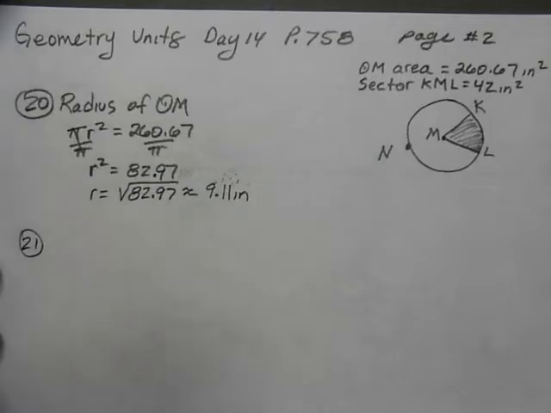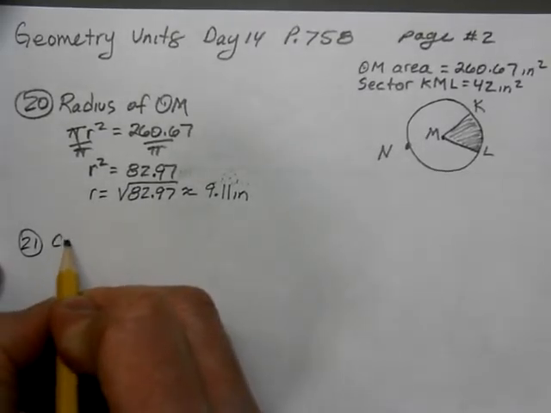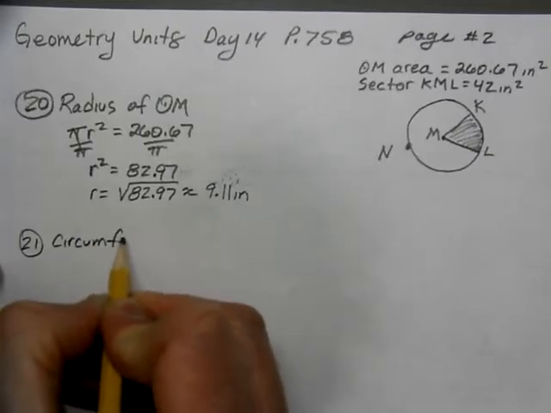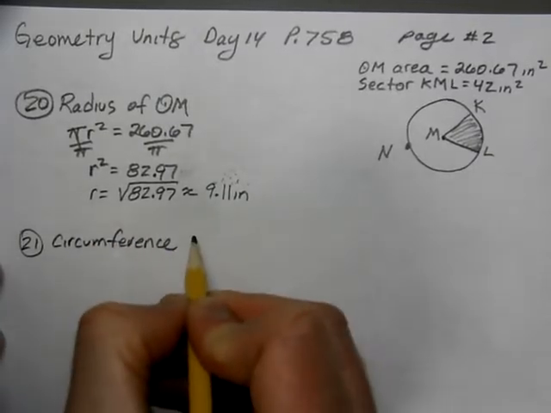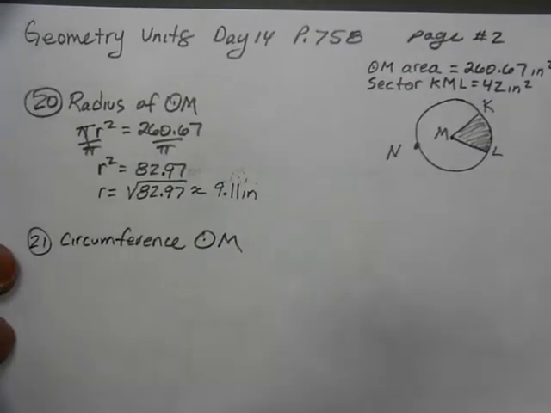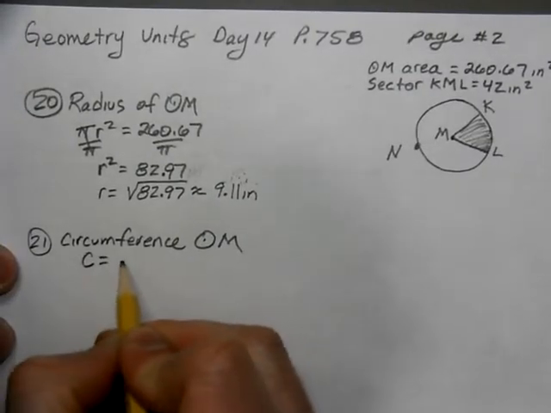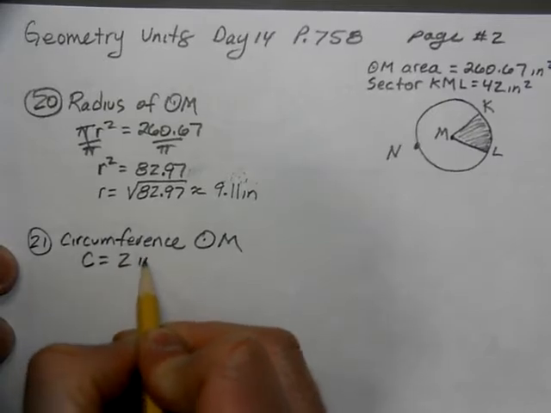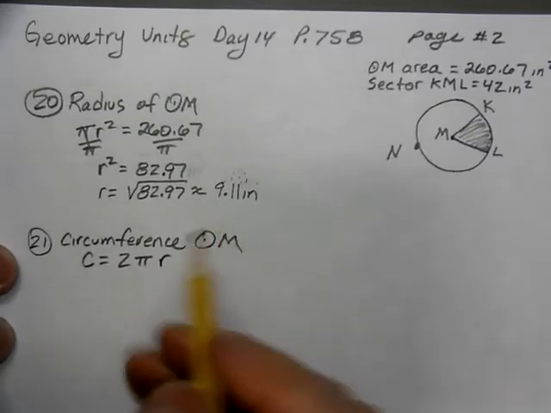Number 21, the circumference. So what is the circumference of circle M? Well, C equals 2 pi r. I know what r is.